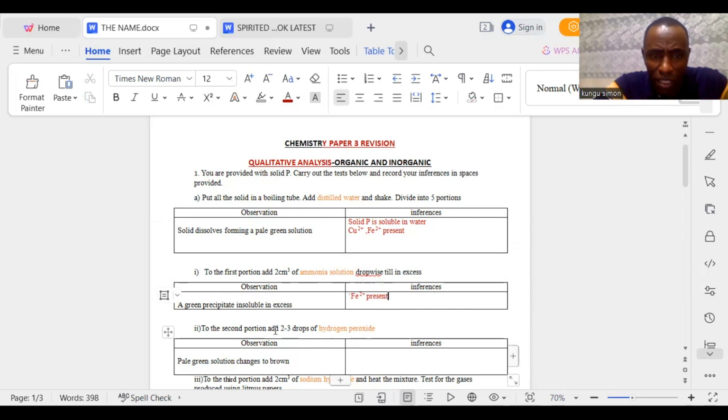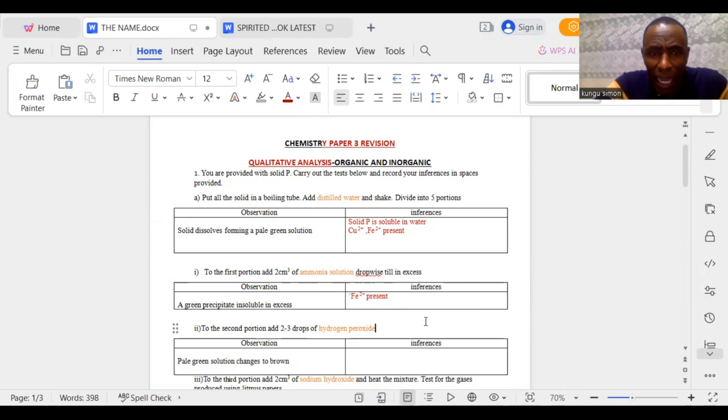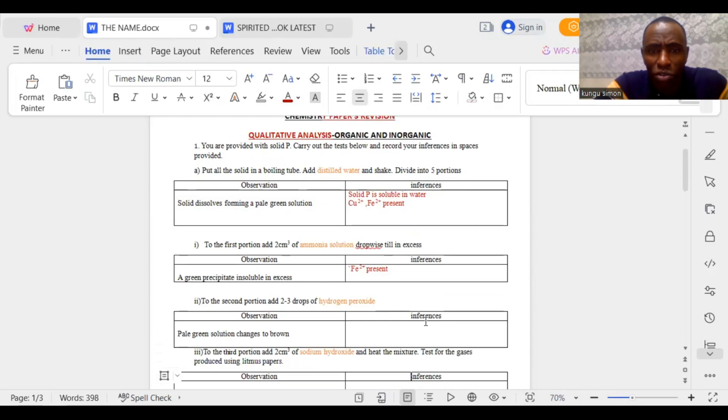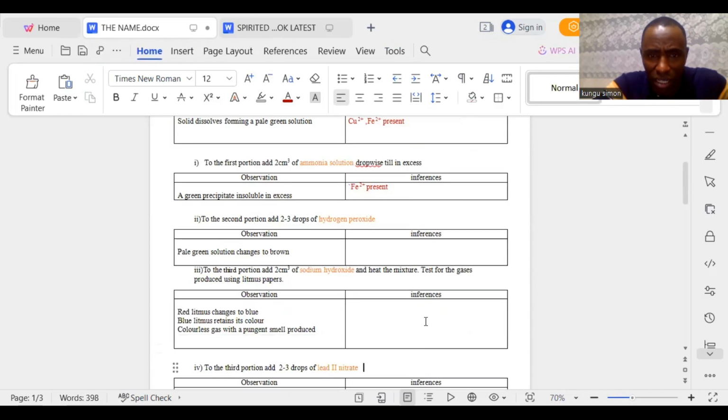Let's have a look at the second portion. We are supposed to add hydrogen peroxide. Now, it's important to note that hydrogen peroxide is an oxidizing agent. What is an oxidizing agent? An oxidizing agent removes electrons from another substance.